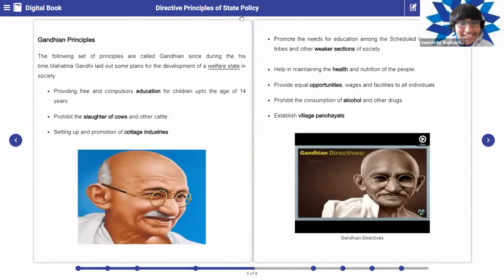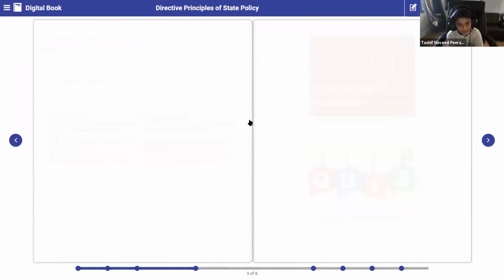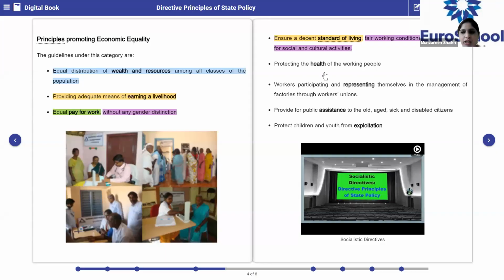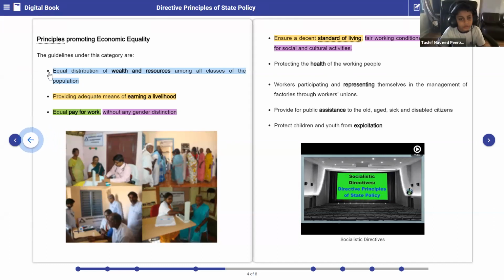The previous page. Before we go on to the next page, let's discuss whatever we have learned, all the principles of promoting economic equality. What is the first principle? Equal distribution of wealth and resources among all classes of people.